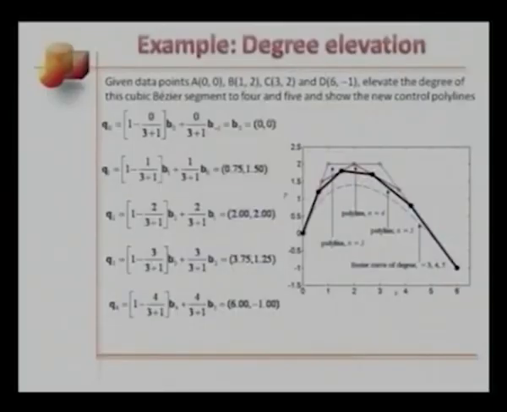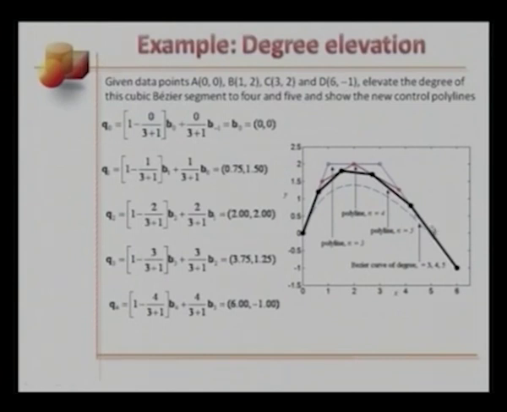Try to compare two scenarios here. Had I worked with the polyline with 4 data points, the blue polyline here, and had I moved this point to a different location, would the change in the curve shape be significant compared to the following case that I'm talking about? The case where I move this point to maybe a different location.